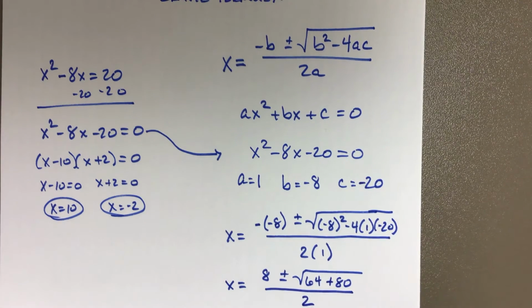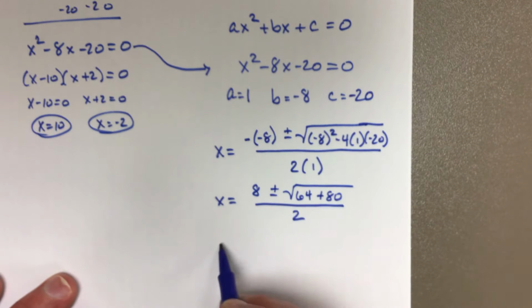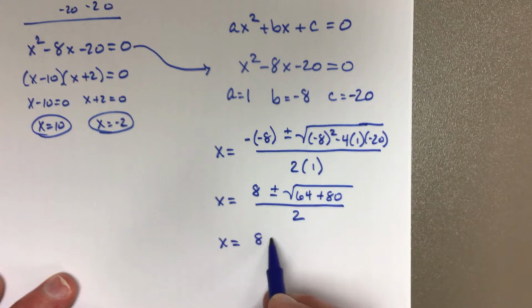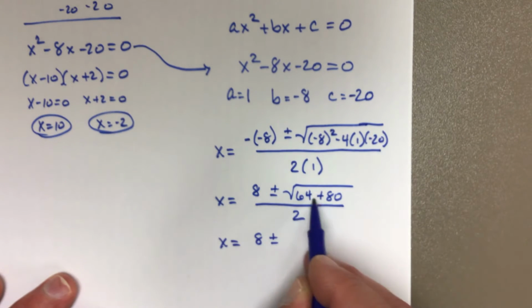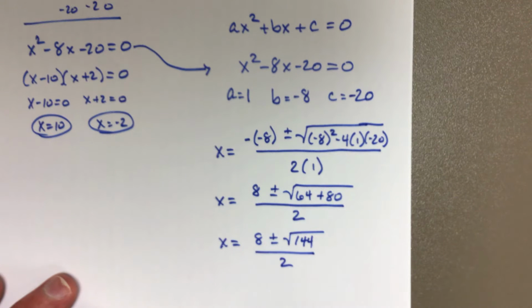It's very handy if you have a calculator. Hint, hint, get a calculator. Then x is equal to 8 plus or minus the square root of 64 plus 80, which is 144, over 2. We know the square root of 144 is 12. Perfect. So x is equal to 8 plus or minus 12 over 2.